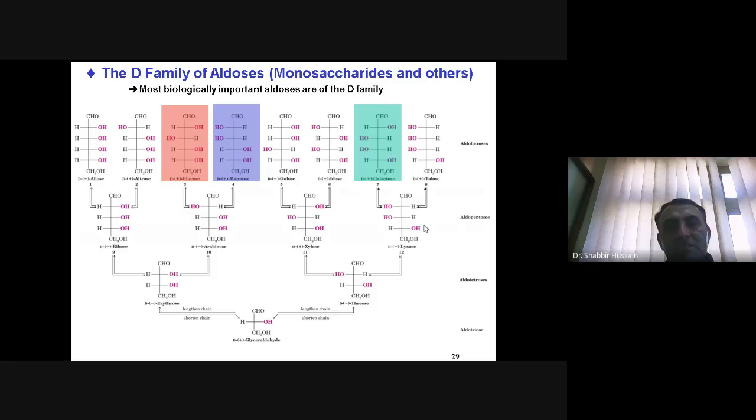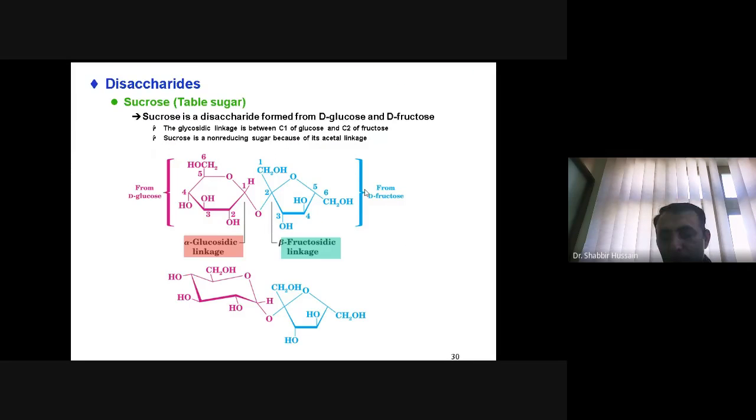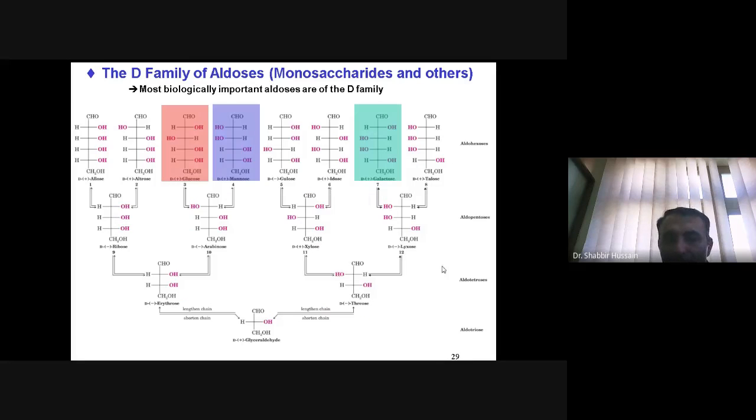Similarly, you see here, these all are the D family of aldoses. But here I try to mention that if you are talking about aldotriose, that is D-glyceraldehyde. If we are discussing aldotetrose, that is D-threose and D-erythrose. Why is it called D-erythrose and D-threose? Erythrose is the terminology most frequently used in sugar chemistry, in which the hydroxys are on the same side.